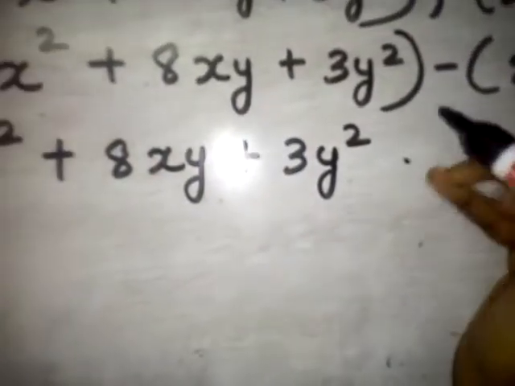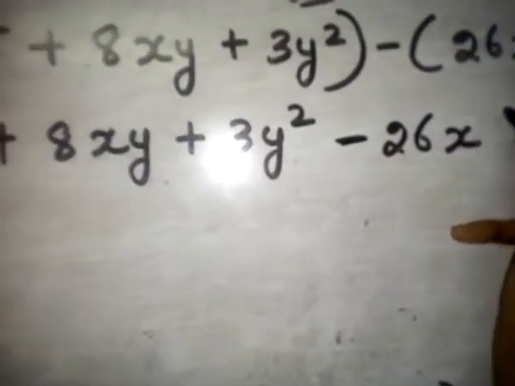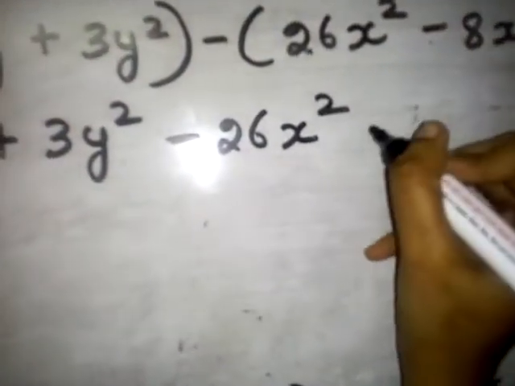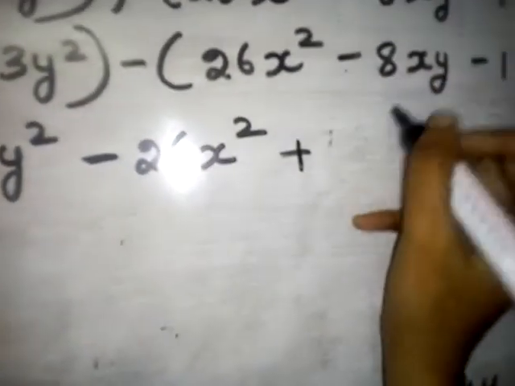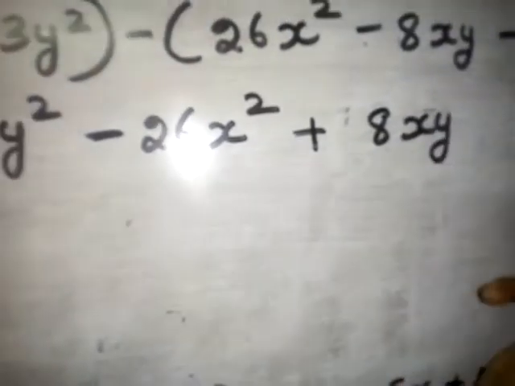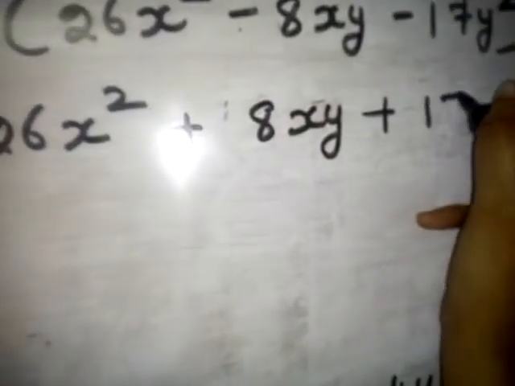Minus into plus is minus: minus 26x square. Minus into minus is plus. Here, whichever number is there, write it after converting the sign. Plus 8xy, again minus into minus, plus 17y square.